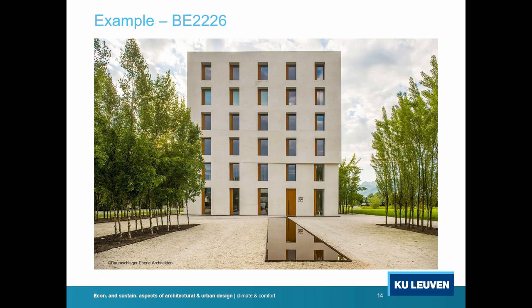So they have very high windows. And the reason is that they want to have sufficient daylight deep into the building. So the higher you make your window, the further the daylight can reach. So even if you have the same glazed area, but the windows are lower, then the daylight does not penetrate that deep into the building. So that's why they opted for very high windows to reduce the need for artificial lighting.